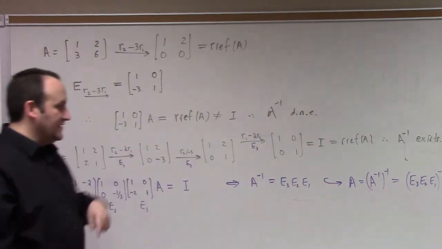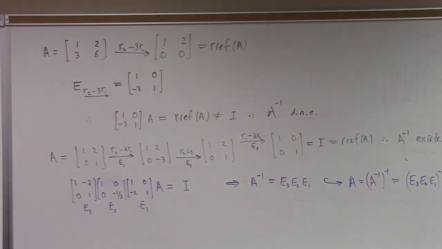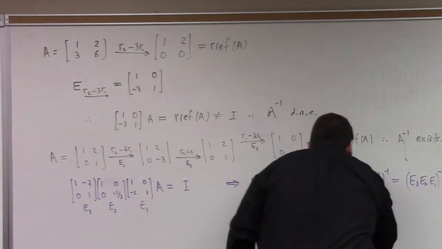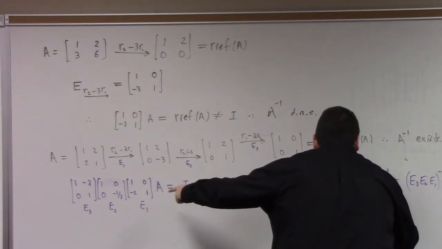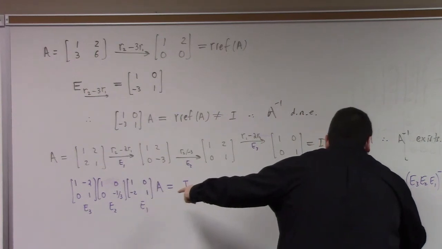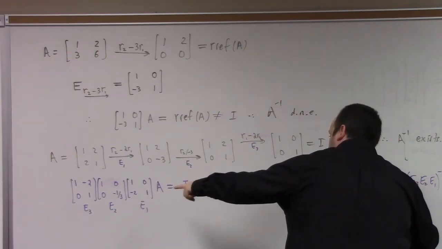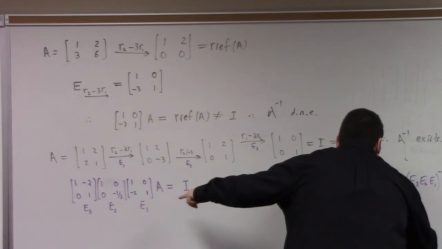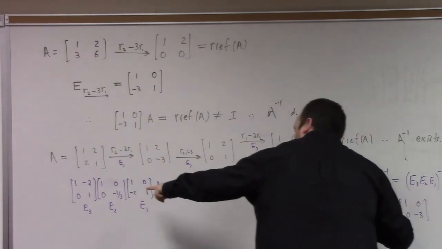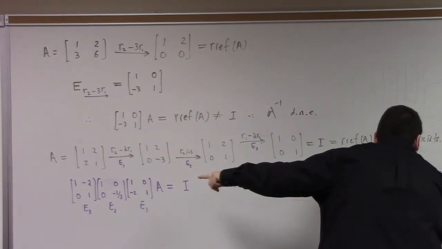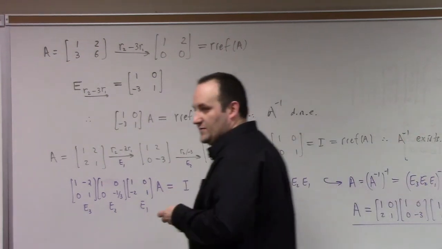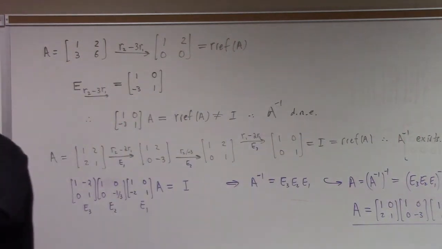Anyway, it's that. To be explicit, E1 inverse is 1, 0, 2, 1. E2 inverse is 1, 0, 0, minus 3. E3 inverse is 1, 2, 0, 1. There you go. Multiply those three matrices out. Those are elementary matrices. Their product gives you A.